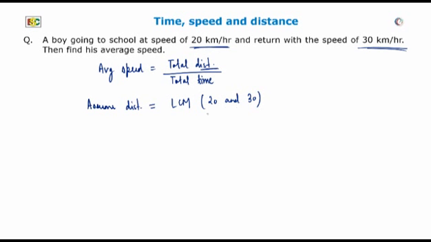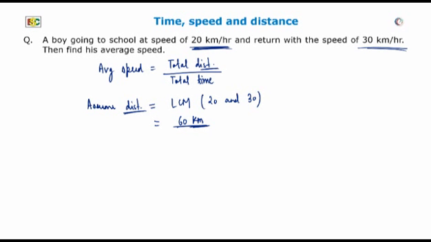So, the LCM of 20 and 30 is equal to 60 kilometer. As we have assumed the distance, we have taken the unit as kilometer. Now, as we know the distance and speed, we can easily calculate the time taken by the boy while going to school and coming back home.